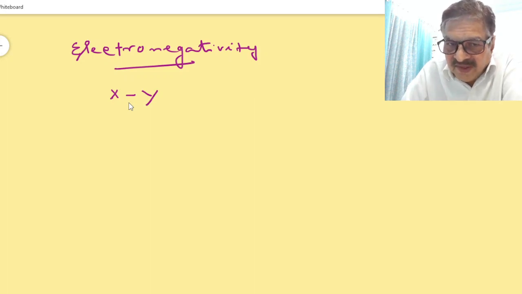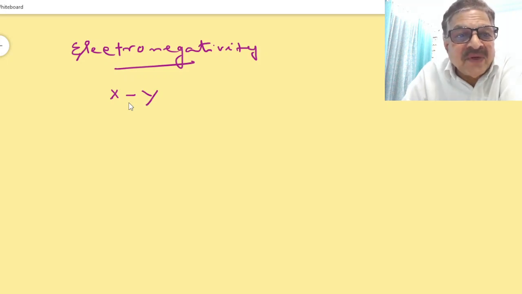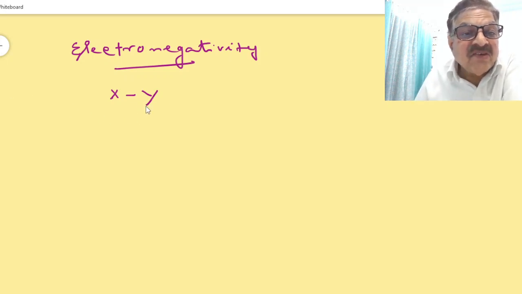Now electronegativity values are relative, not absolute. Relative means comparing. If we have two atoms X and Y, which atom has more affinity for electrons, more attraction for electrons, is said to be more electronegative, and the other one is less electronegative.